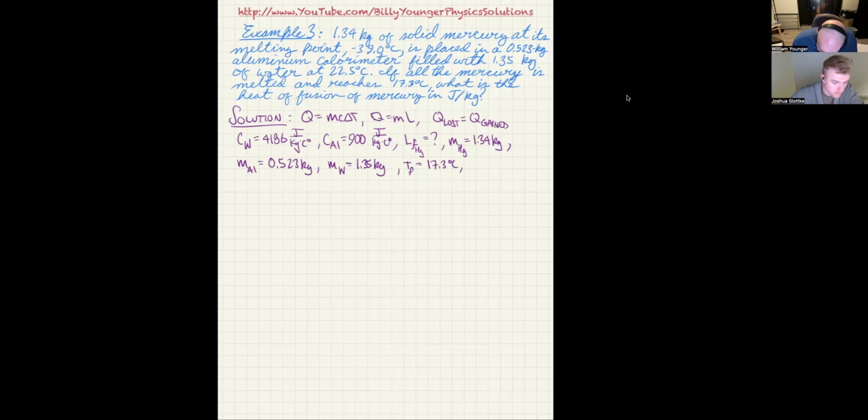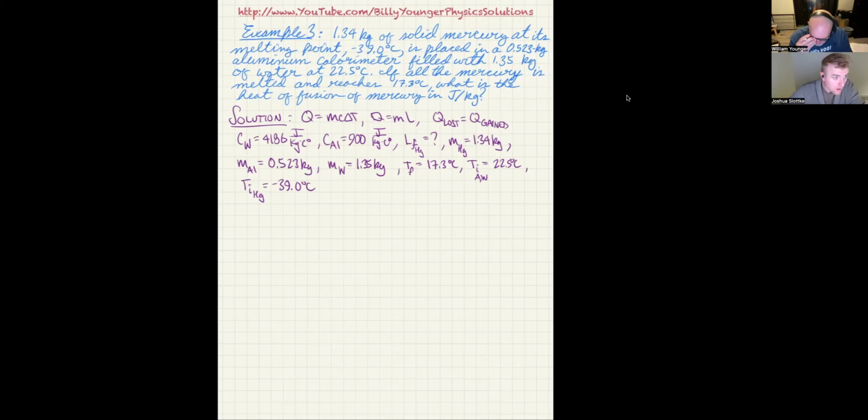We also know that T initial for the aluminum and the water is going to be 22.5, and the initial temperature for the mercury, T initial Hg, is negative 39.0 degrees Celsius.